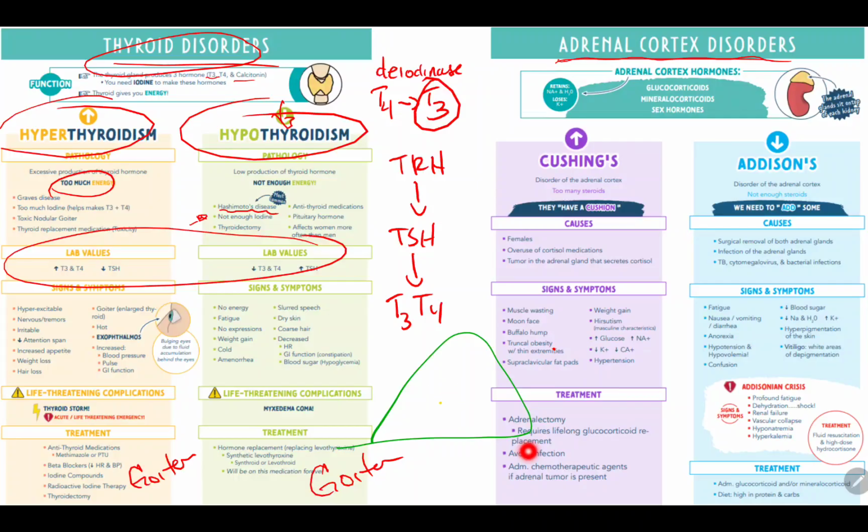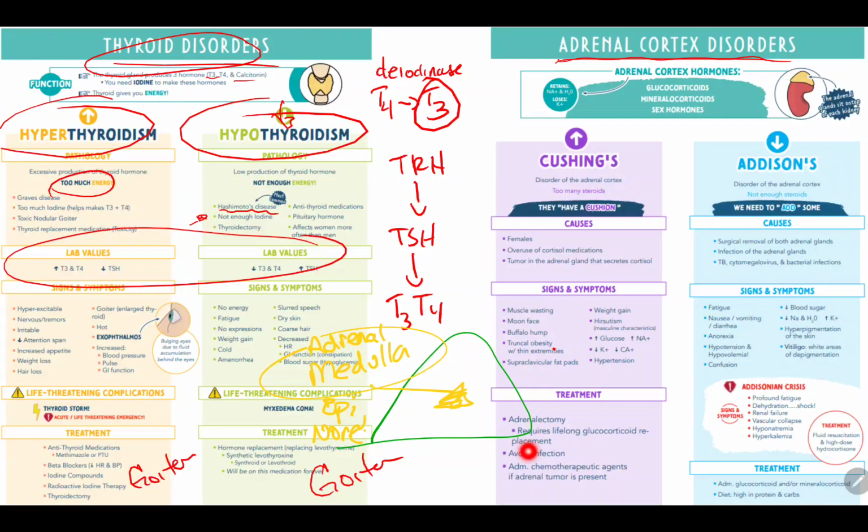In the middle we have the adrenal medulla. Let me talk about the medulla first. Remember that it's the adrenal medulla that makes epinephrine and norepinephrine. You've got to remember that about the adrenal medulla.